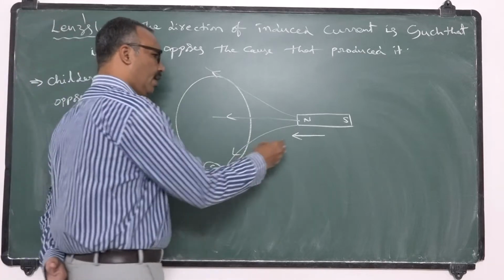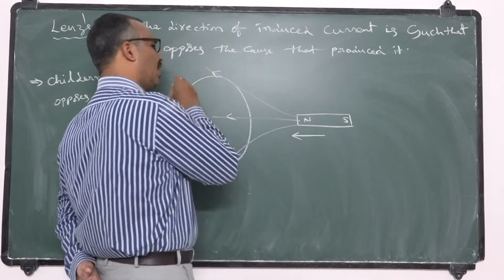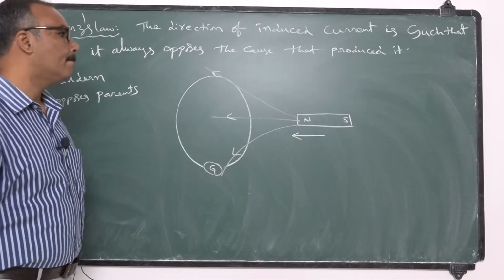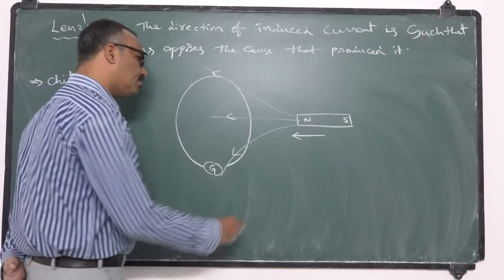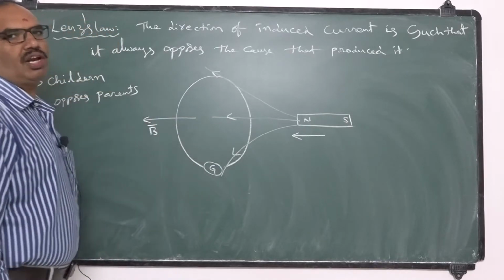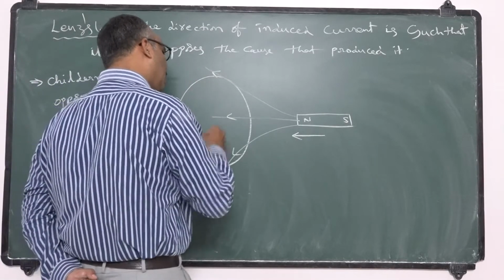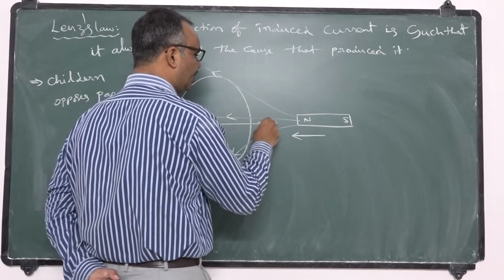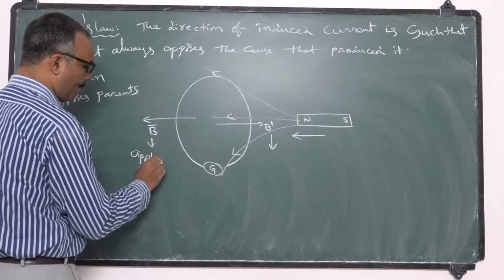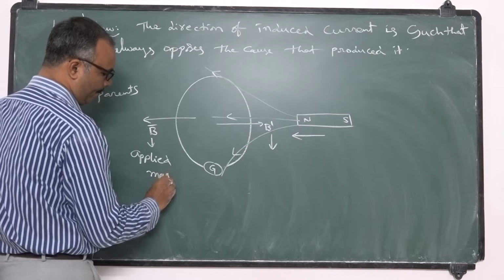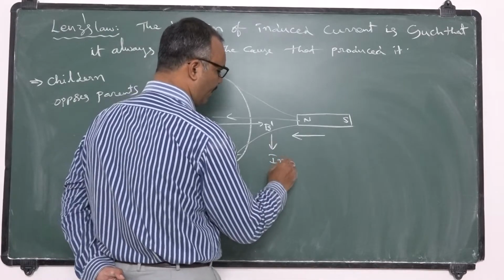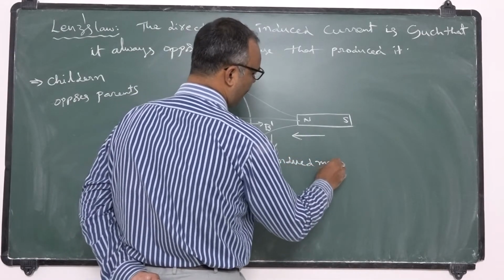Similarly, here, due to the movement of this magnet, some current got developed. The developed current wants to oppose the cause that produced it. That means the original magnetic field is in this direction. The magnetic field is tangential to the line of force. The coil is going to develop its own magnetic field in the opposite direction. That is called the induced magnetic field. This is called the applied magnetic field, and this is called the induced magnetic field.